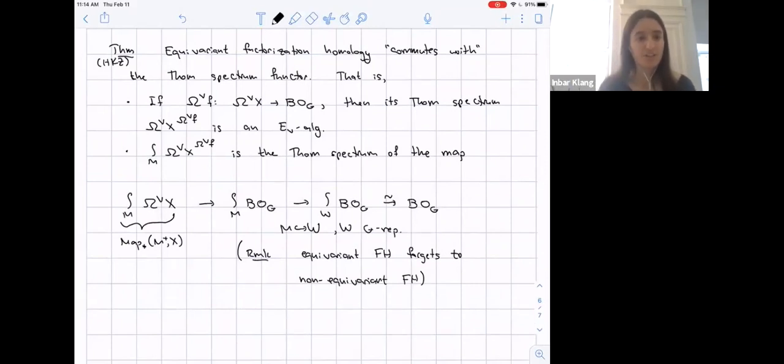So there's a question in the chat. How do you see that? Is the equivariant colimit diagram cofinal to the non-equivariant? I don't know if that's exactly the language that I'm familiar describing it in, but let's see, what do I say about this?